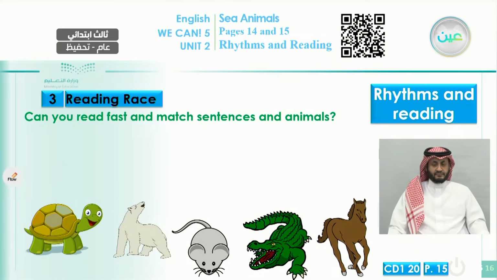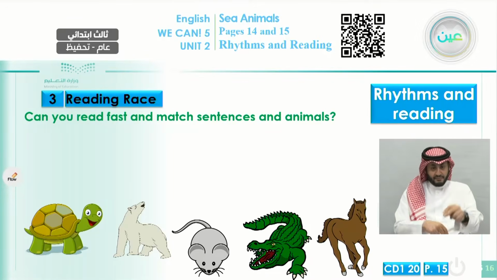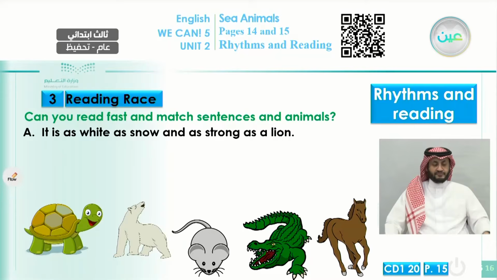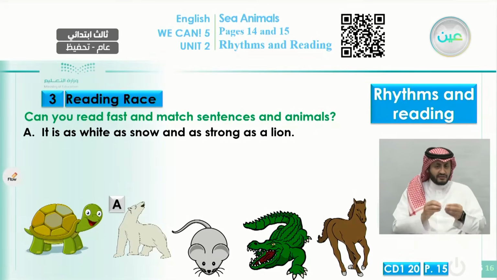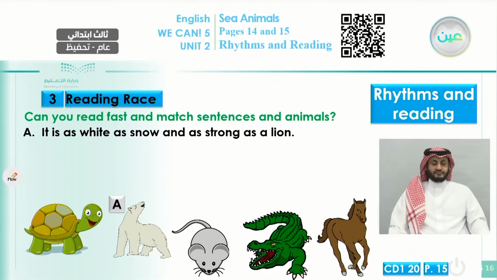Exercise 3. Reading race. Can you read fast and match sentences and animals? Are you ready? Let's start. It is as white as snow and as strong as a lion. What do you think? Which animal is it? That's right, it's a polar bear.